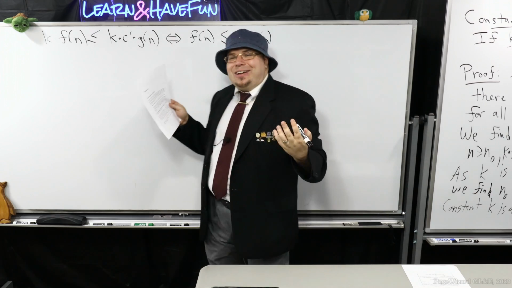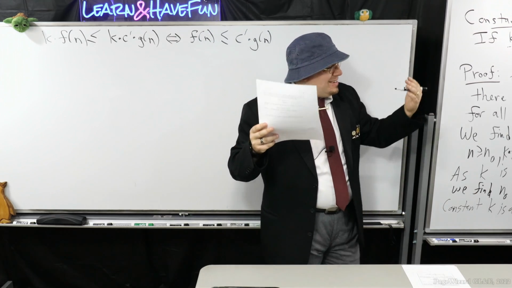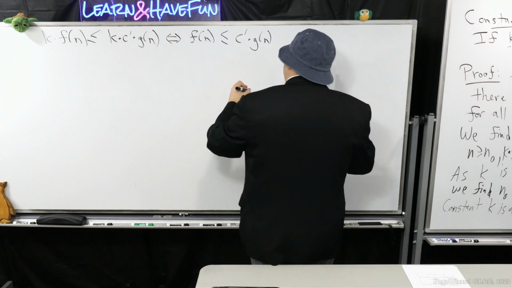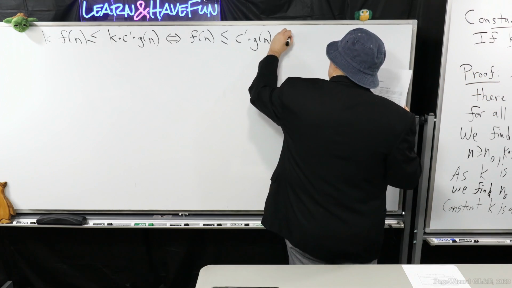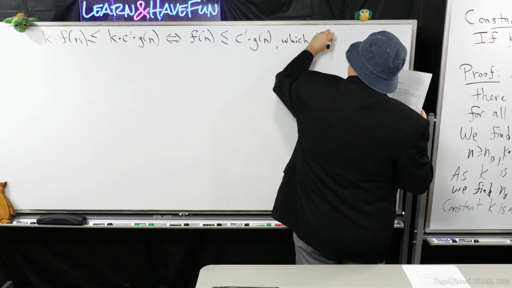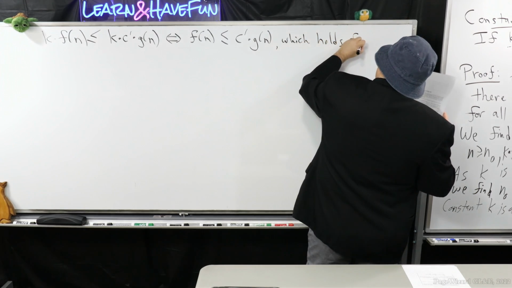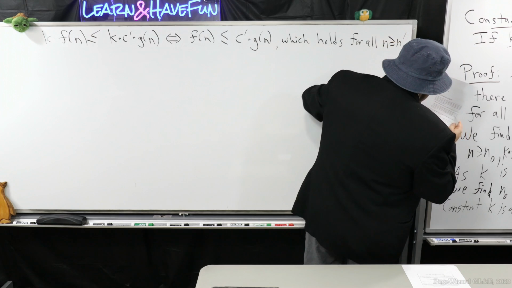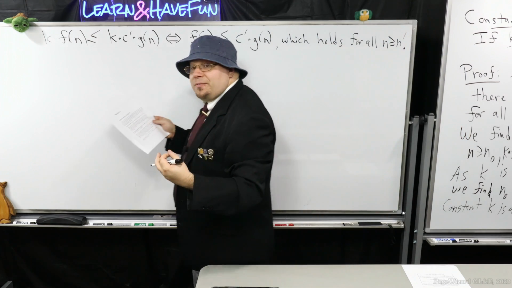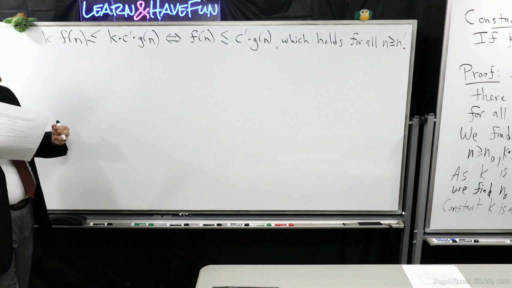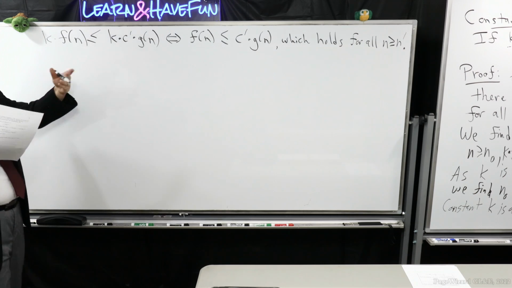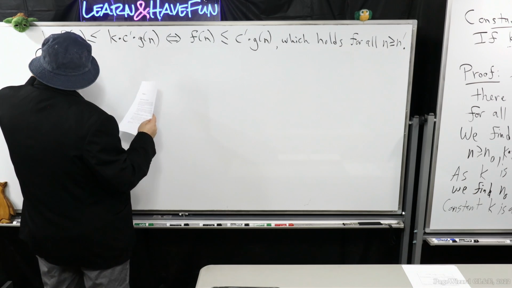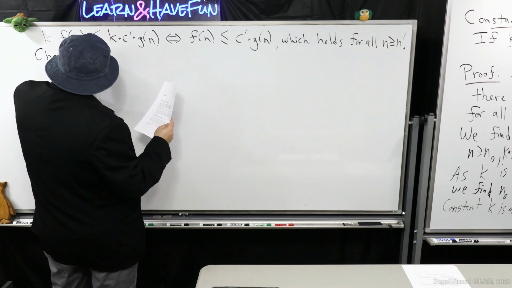Well, we already showed that that is actually the case, right? We already know that this is true for certain values of n, which holds for all n greater or equal to n prime. So what should I pick for n0 then? Well, I should pick n prime, right? Choose n0 equal to n prime.